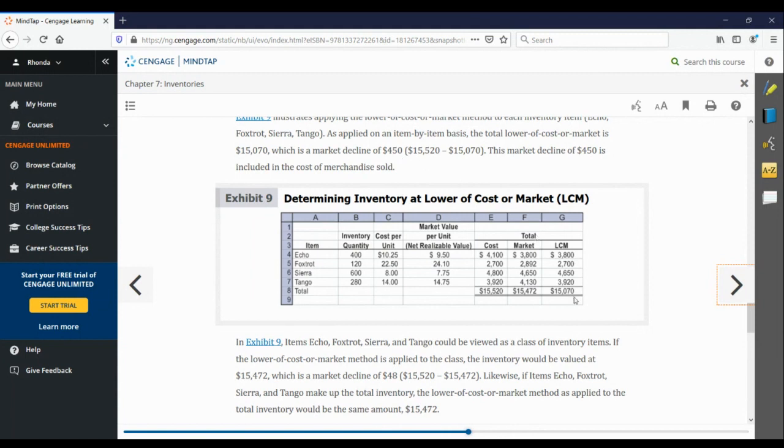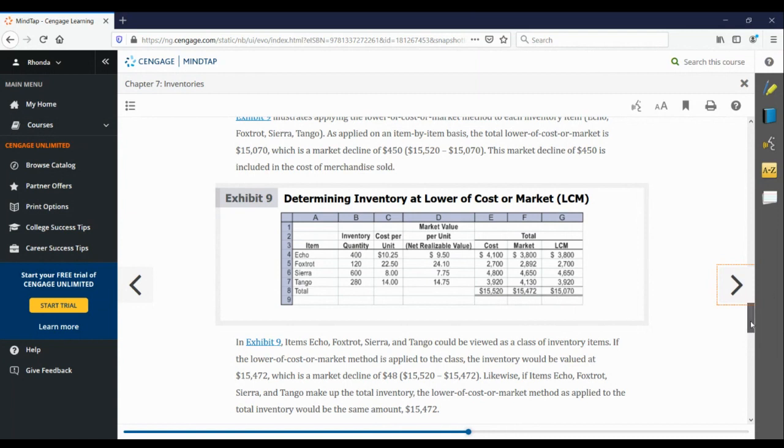So on our balance sheet, we would reflect the total cost of our ending inventory at $15,070. It would no longer be reflected at $15,520 because we had some items of inventory that may have been obsolete or damaged. We couldn't show them at their normal cost amount. We had to value those at the lower of cost or market method.